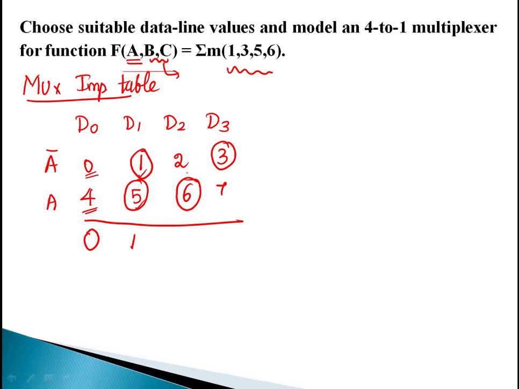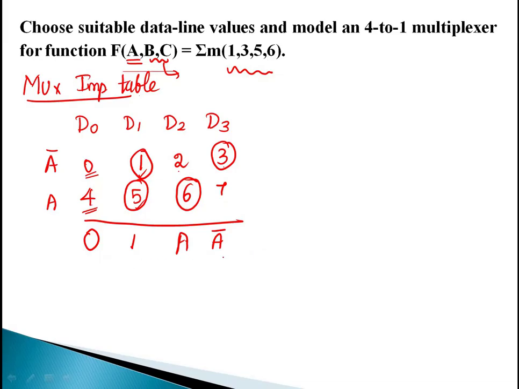Next, in this one, 2 is not included in our function and 6 is included in our function. So that means we have to take the corresponding A value here. Next one, 3 is included in our function, 7 is not included in the function. So we have to take the corresponding A value here. So it's nothing but A bar. So this is our mux implementation table.